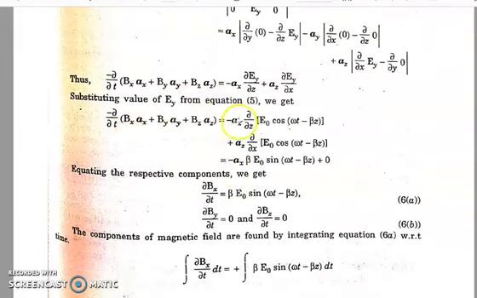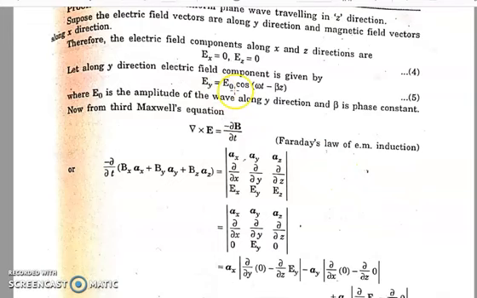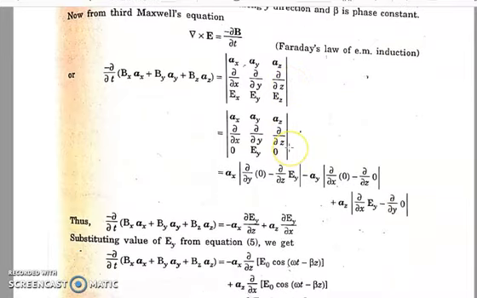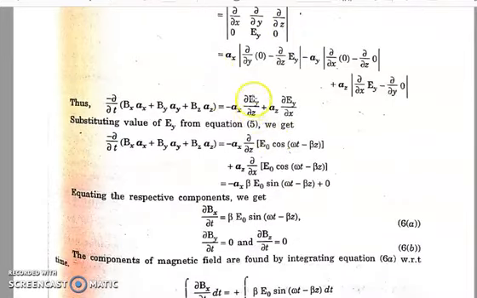First of all, we put here the value of Ey, that is, above we assumed that Ey is equal to E naught cos of omega t minus beta z. So putting this value of Ey here, that is minus ax curly by curly z of E naught cos of omega t minus beta z, plus az curly by curly x of E naught cos of omega t minus beta z.